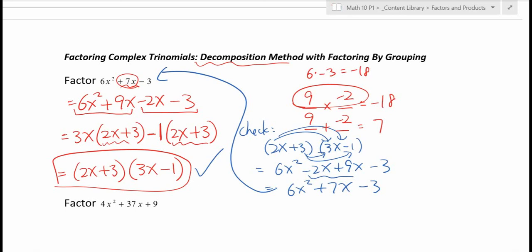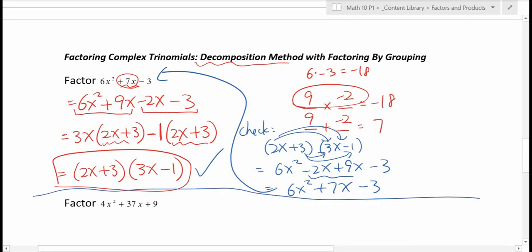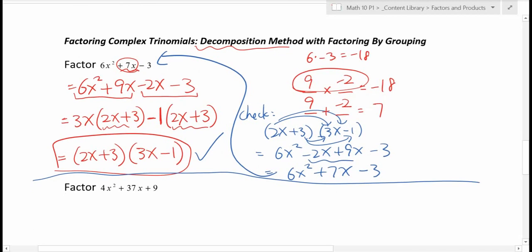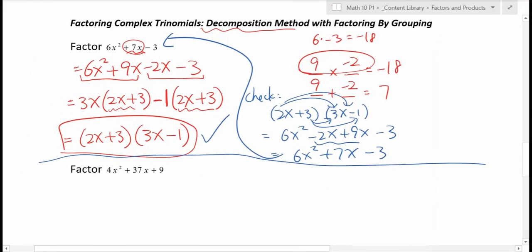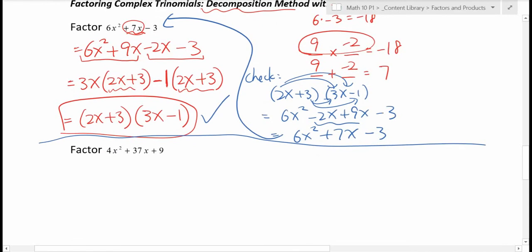Right now, I don't use decomposition anymore, but I think it's a very nice method to use for the first time factoring complex trinomials. I think it's a good method for you. If you're interested in other methods, I can show you, so just come talk to me, okay?